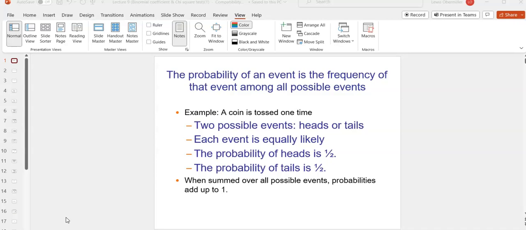So now you have to ask yourself, how odd is it if it comes up 6 heads and 4 tails? Or how odd is it that it comes up 7 heads and 3 tails? Or how odd is it that it would come up 10 heads and 0 tails?